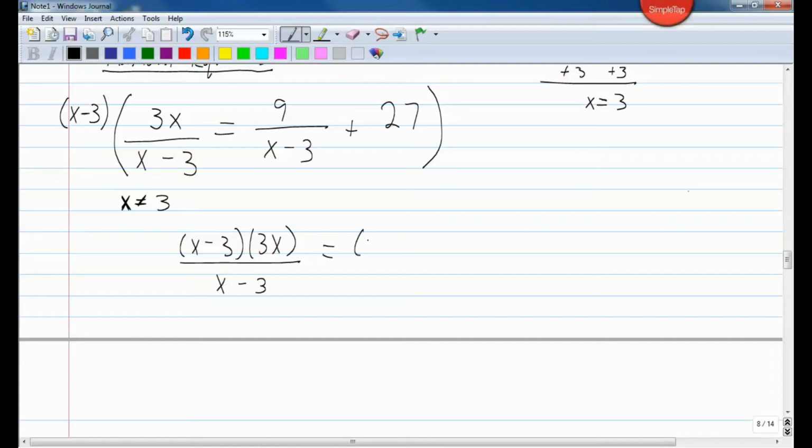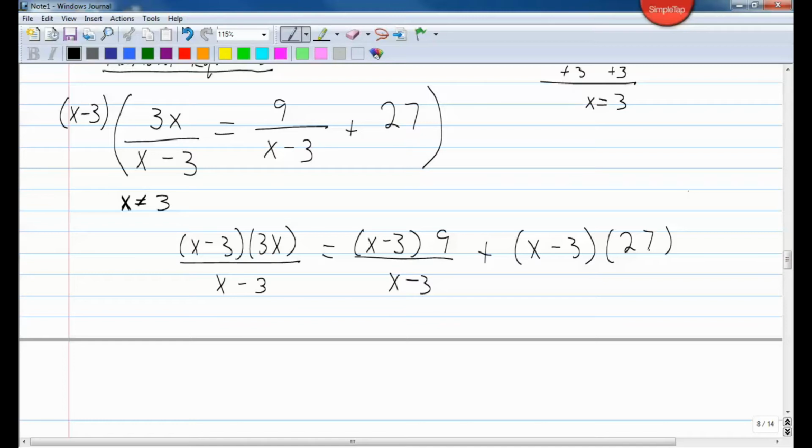So I'll just write it in front just to be different. Usually we write it the other way around. But x minus 3 times 9 over x minus 3. And then I have a plus, and then x minus 3 times what? 27. Again, what have I done?